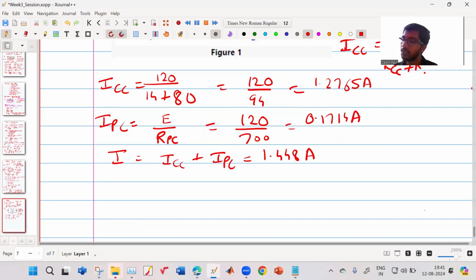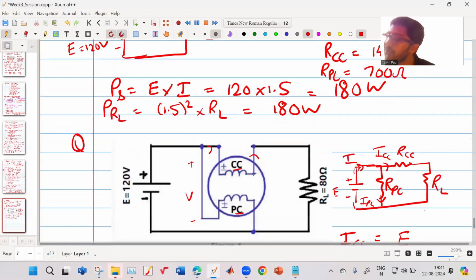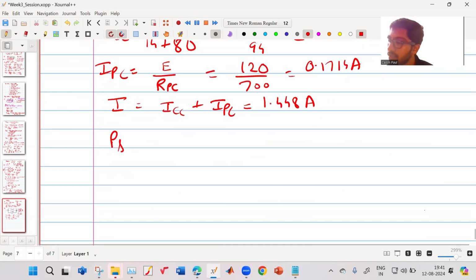Okay. So now, how much is the power which my source is giving? The power which my source is giving is E into I. Right? How much is that? 120 into 1.448.